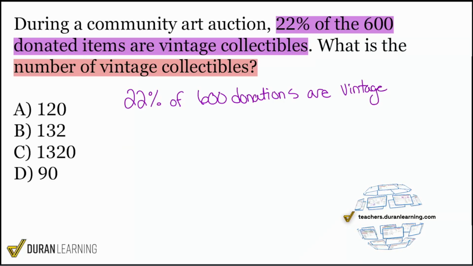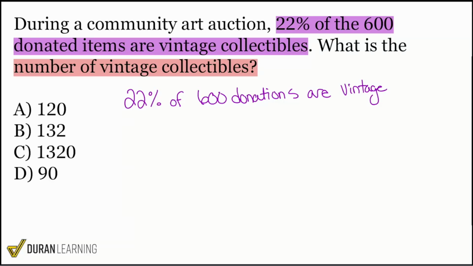So when we check this out, everyone, isn't it true that the word of translates to multiplication and that the word are translates to equals? Absolutely. And so we have 22% of 600 equals the number of vintage collectibles.